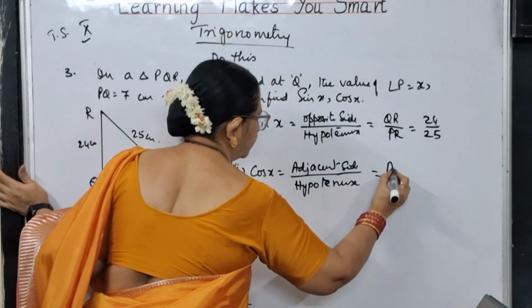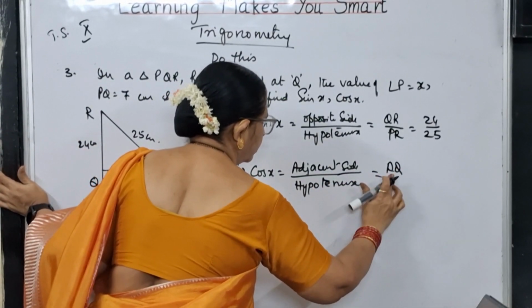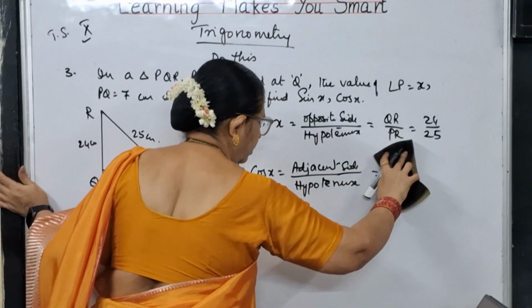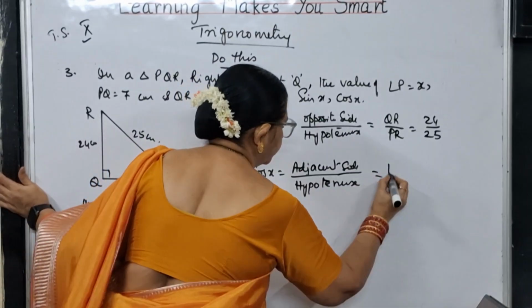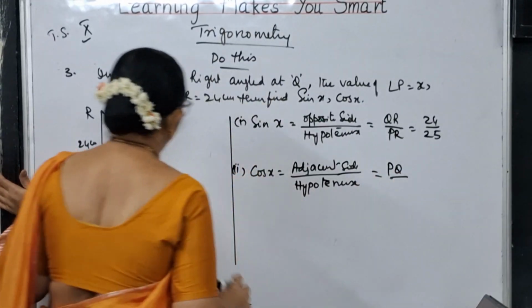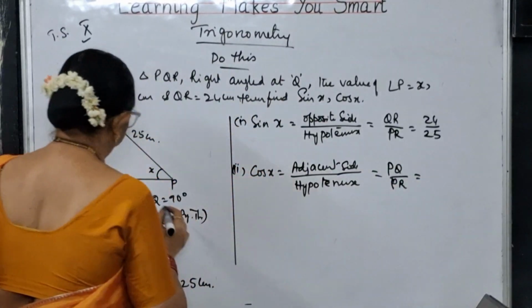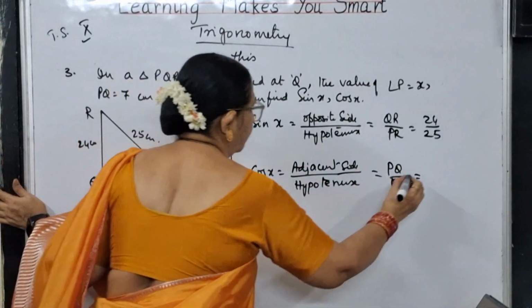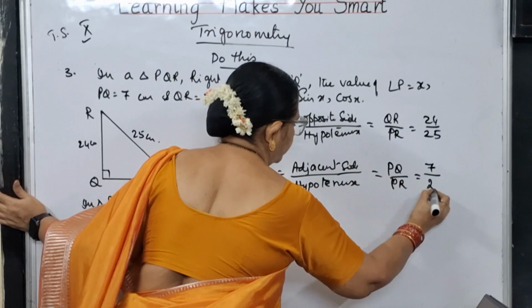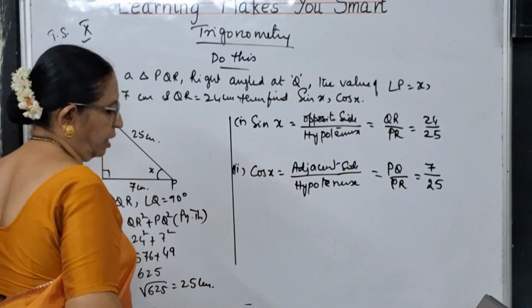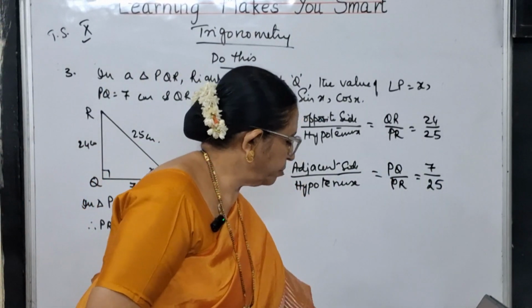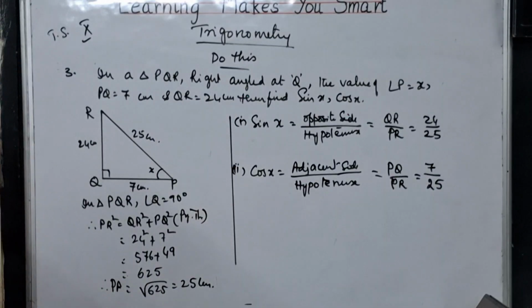PQ by hypotenuse PR. So what is PQ you have got? 7 by PR is 25. These are the answers for this problem, children. This is the third one to do.